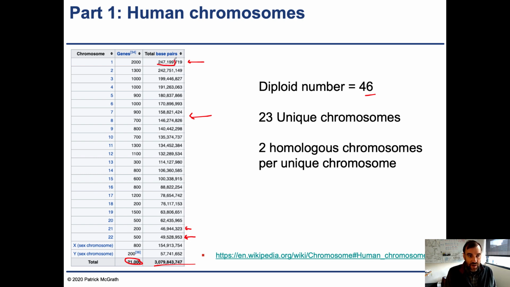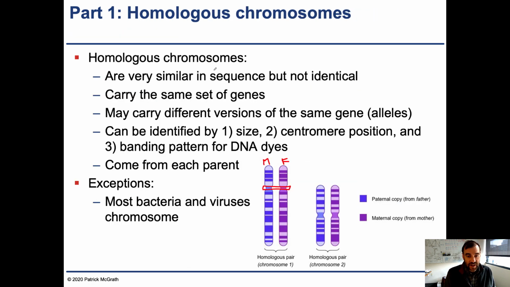If we did 1 over 1,000, that means your mother's and your father's chromosome 1 differ by approximately 250,000 base pairs. This can have very important consequences on phenotypes, and that's what a large part of this class will be to study. So it's important to remember that for homologous chromosomes, one comes from your mother, one comes from your father, but they are slightly different from each other.